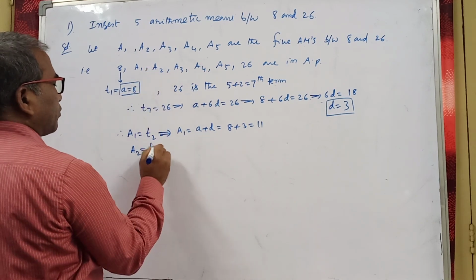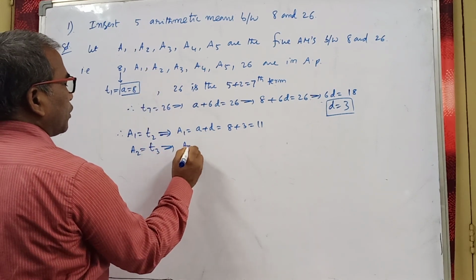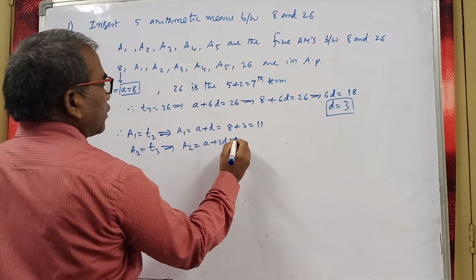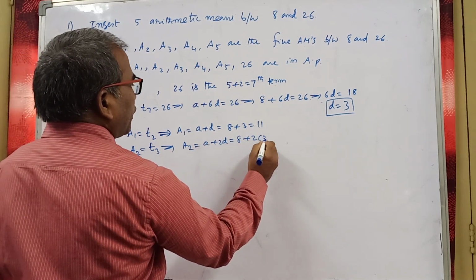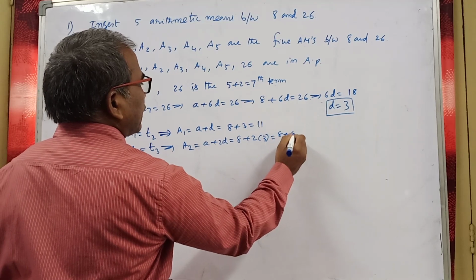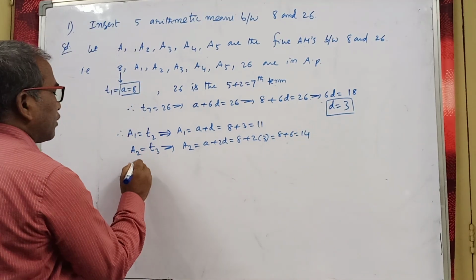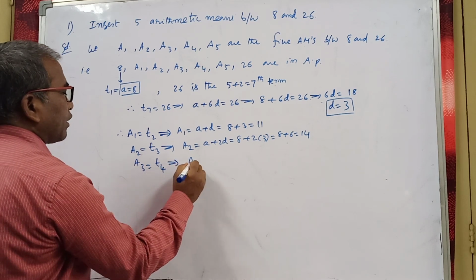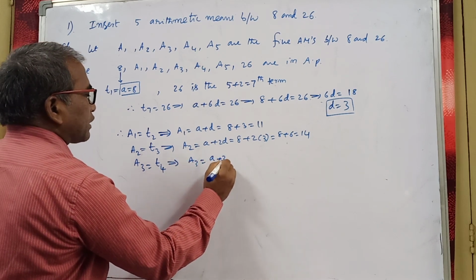A2 means third term in the series. So T3 means a plus 2d. So a means 8, 2 into d, 8 plus 6, 14. So similarly we can find A3, a plus 3d.